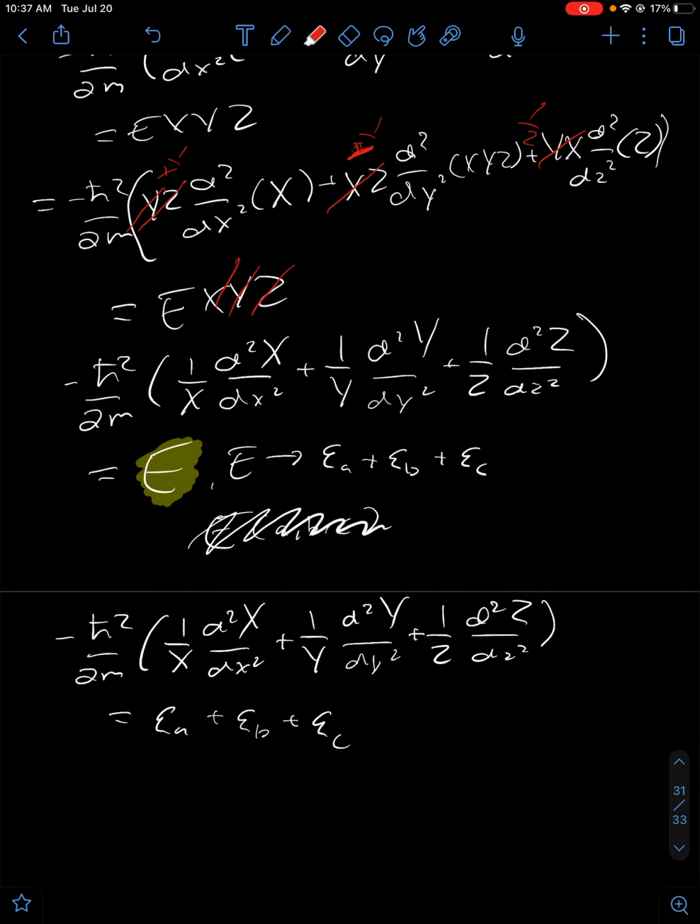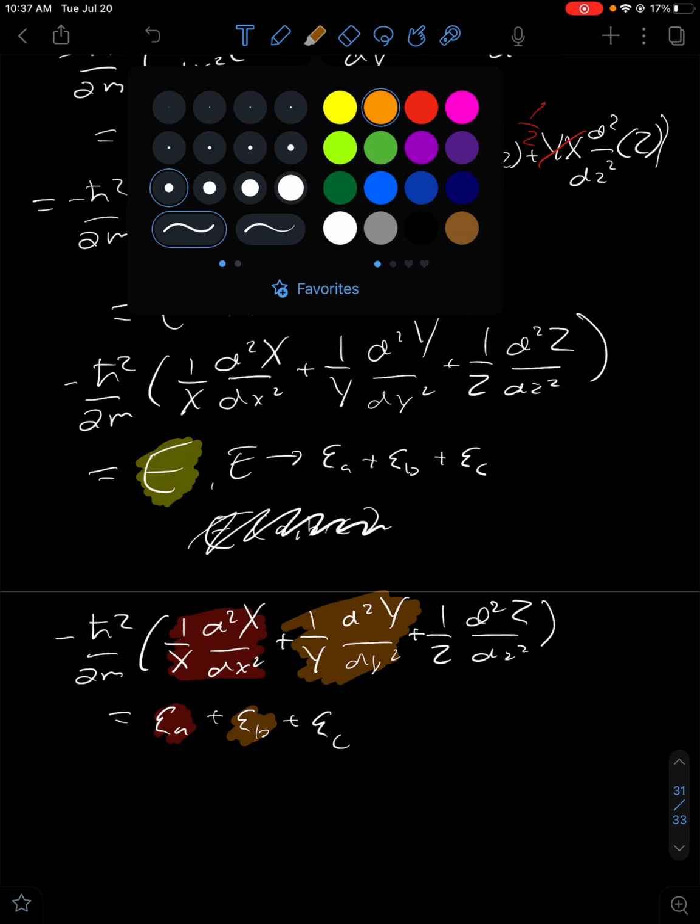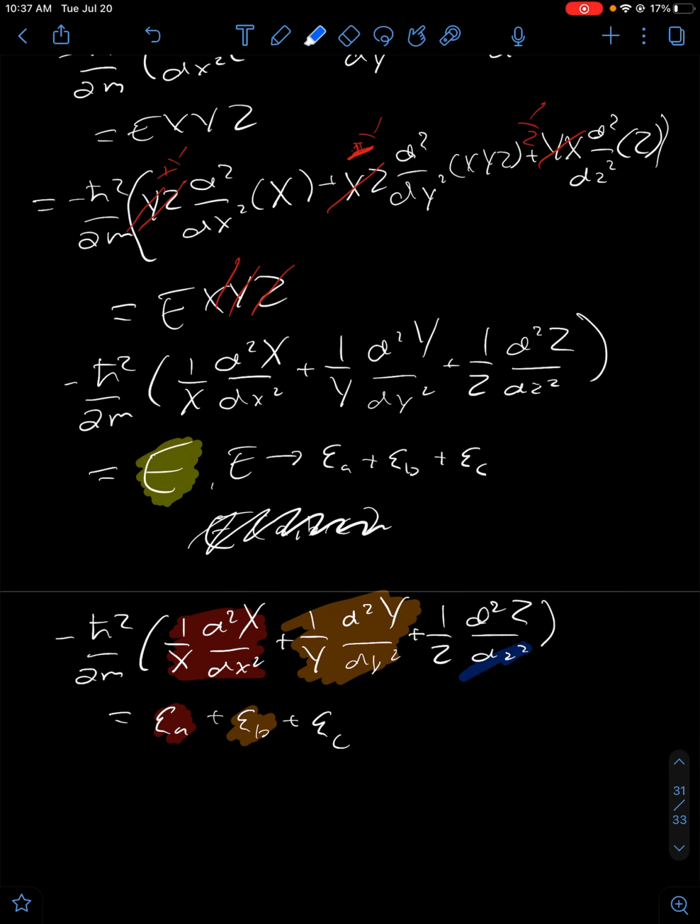So now we can actually set this term equal to this term, and we can set this term equal to this term, and this term equal to this term, after we, of course, distribute this term inside.